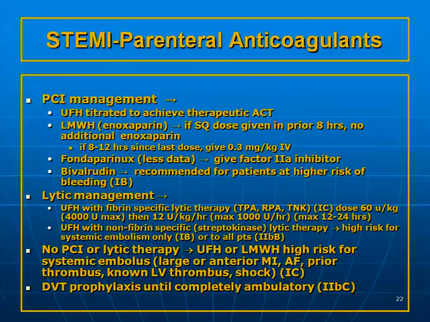You normally monitor heparin with a partial thromboplastin time, but because you're giving pretty big intra-arterial doses of heparin, the activated clotting time is the test that's used to measure the extent of anticoagulation that occurs with unfractionated heparin. You can use low molecular weight heparin, enoxaparin, and there are some protocols for using low molecular weight heparin.